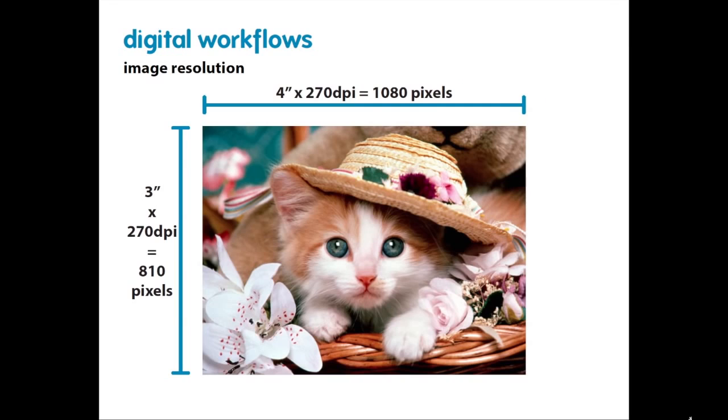So for the 4-inch edge, if I multiply that by 270 DPI, it would have to be at least 1080 pixels. And then by contrast, on the 3-inch side, if I multiply that by 270, it'd have to be 810 pixels.